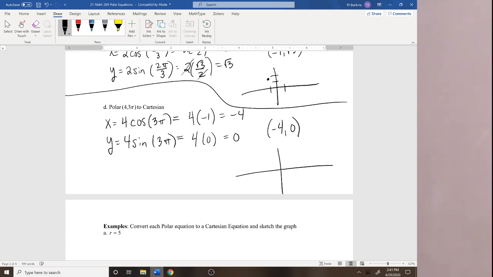So that tells me I should be right here. So again, angle of 3 pi, you'd go 1, 2, that's 3 pi, and a radius of 4. So again, that one looks good.